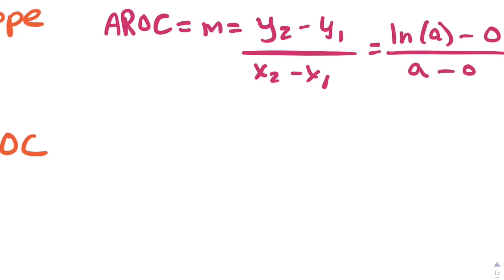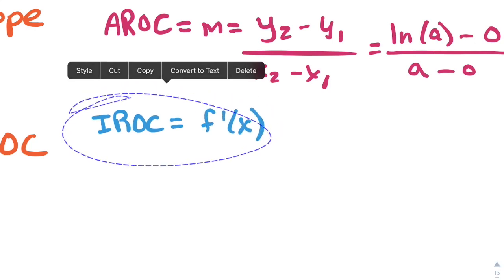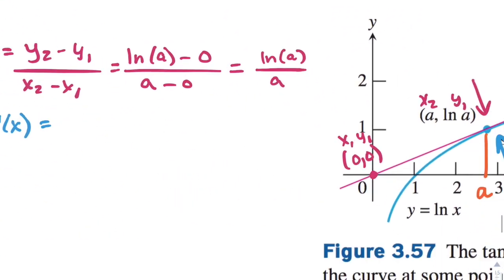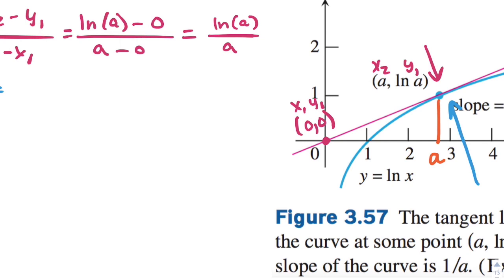I will do the instantaneous rate of change. So IROC is the derivative, which is actually equal to the derivative of ln of x. So I'm going to rewrite this as y equals log base e of x.